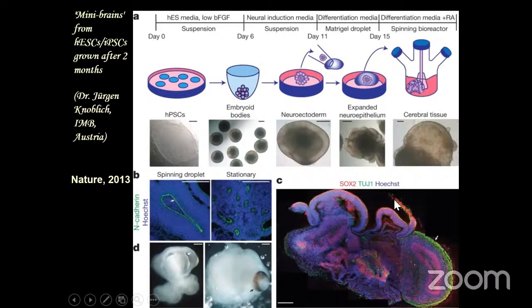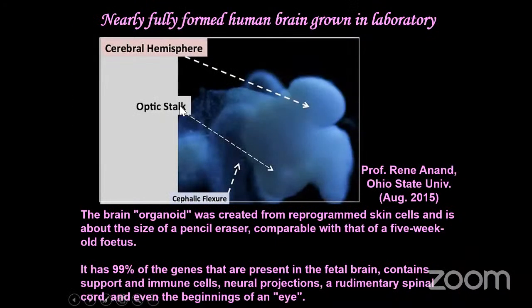Another group in Ohio has shown optic stalk and cerebral hemisphere-like structures. They are even seeing a cephalic picture and the beginning of an eye. These are possible using the newer strategies and technology that have come into being.